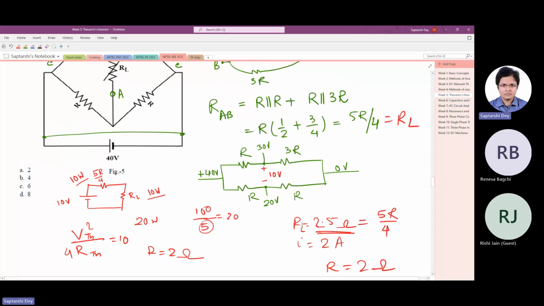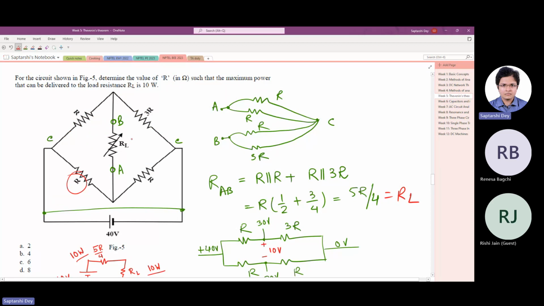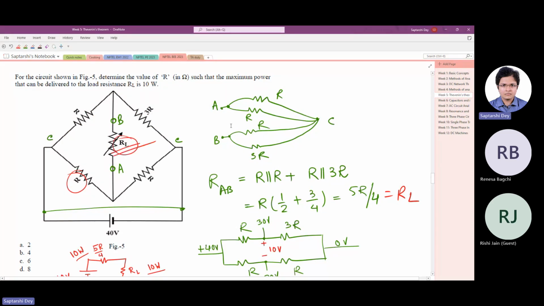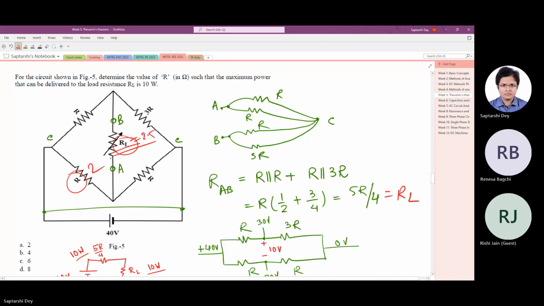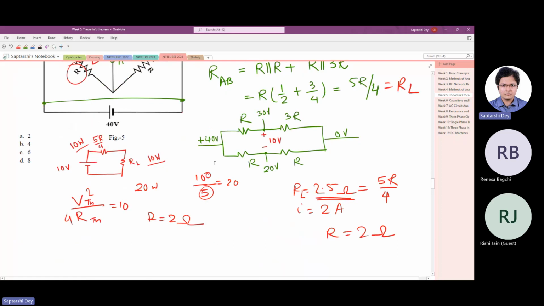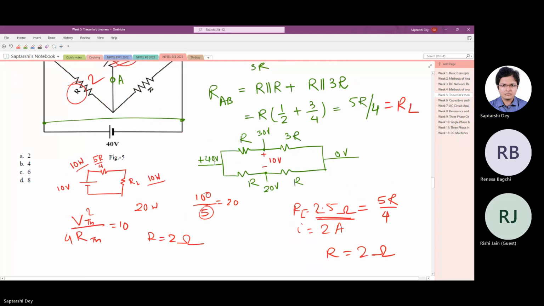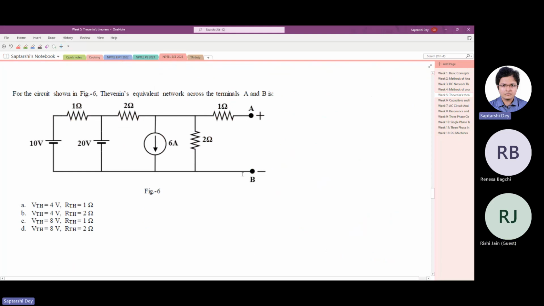So from there we get R equals 2. Anyway, I was thinking we have been asked to find this one. So yes, RL is 2.5. This is 2. I made a mistake here. Okay, Rishi, is it clear? Yes, sir. All right, we'll look into this.